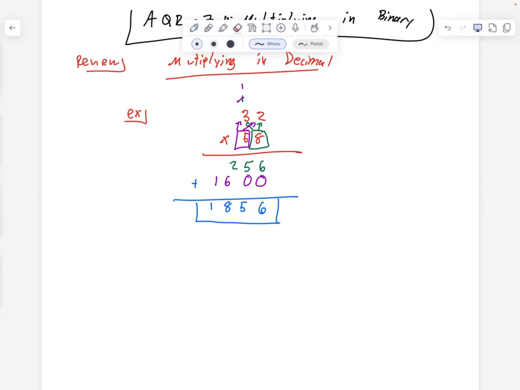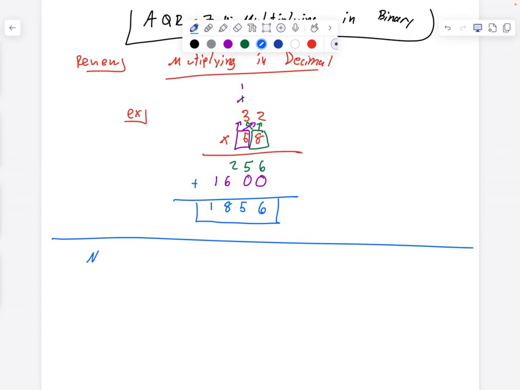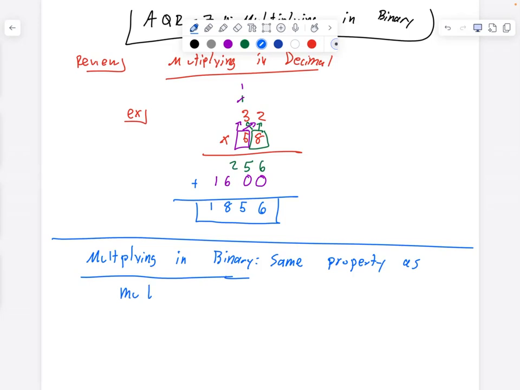We're going to use this process. So, multiplying in binary has the same property as multiplying in decimal.